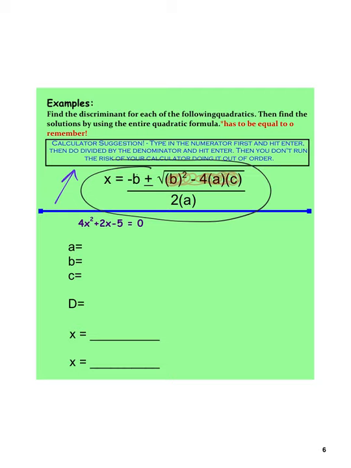First of all, looking at this example, we've got an A value that is equal to 4, a B value that's equal to 2, and a C value that is equal to -5. For the discriminant, again, the discriminant is b squared minus 4ac. So our b squared on this one would be 2 squared, minus 4 times a, which is 4, times c, which is -5.